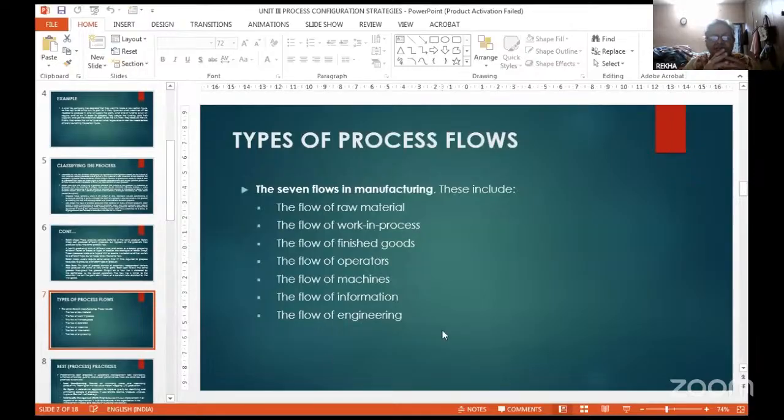What are the different types of process flows? The flow of raw material, the flow of work in process, the flow of finished goods, the flow of operators, the flow of machines, the flow of information, the flow of engineering.